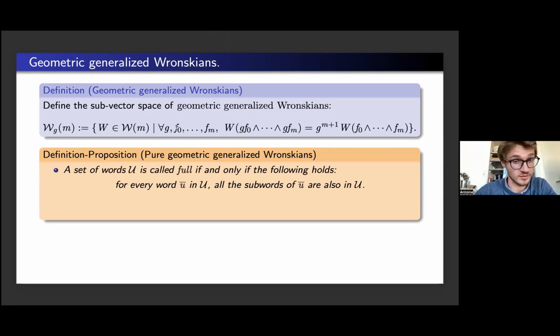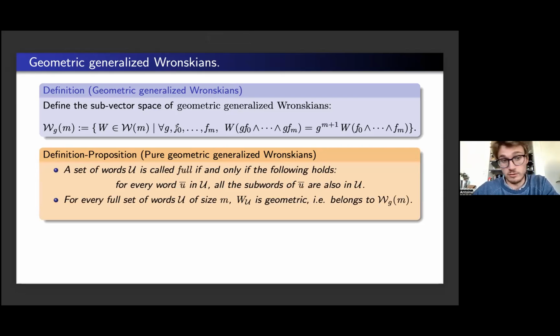So if this condition is satisfied, we say that the set is full. And the proposition is that if we take any full set of size m, then the pure generalized Wronskian associated to it is geometric. And we will call it accordingly a pure geometric generalized Wronskian.